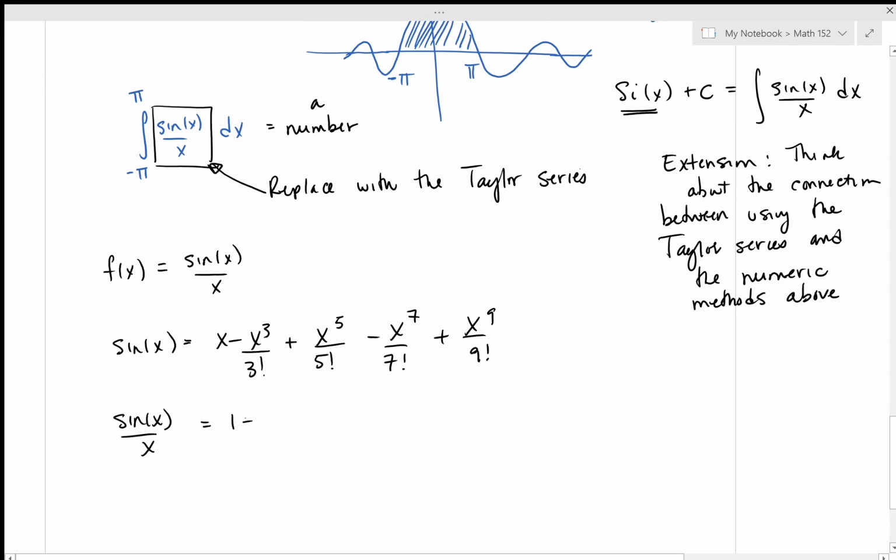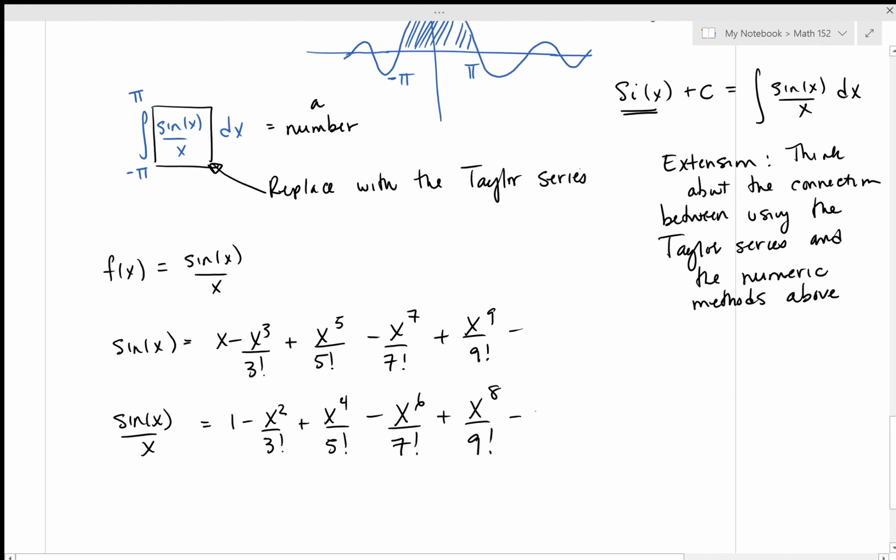1 minus x squared over 3 factorial plus x to the 4 over 5 factorial minus x to the 6 over 7 factorial. It's amazing how much harder it is to write the different number, like put an 8 here and a 9 here.